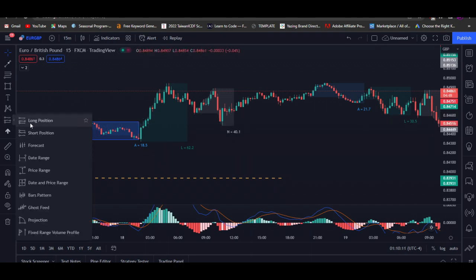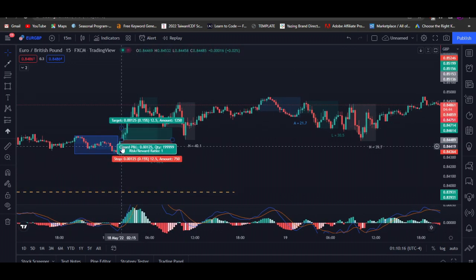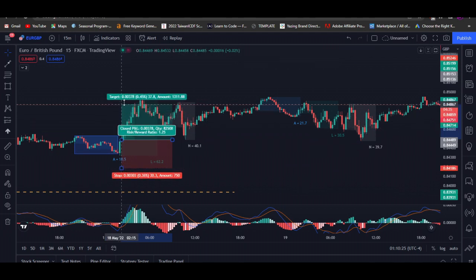So we have a long position, entry right here. 30 pips stop loss.